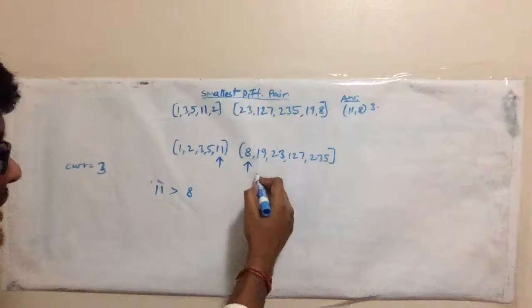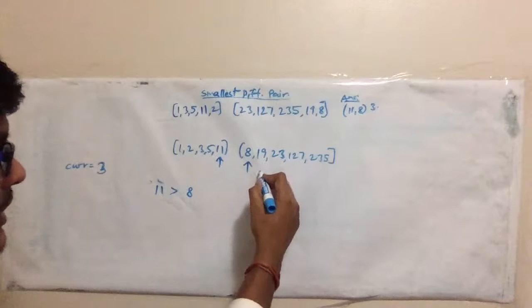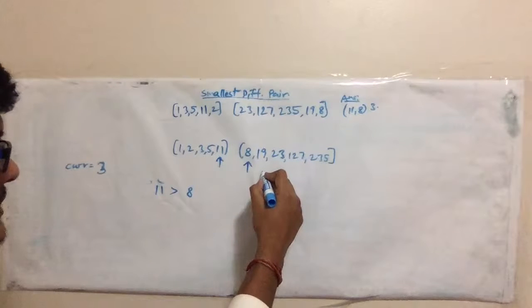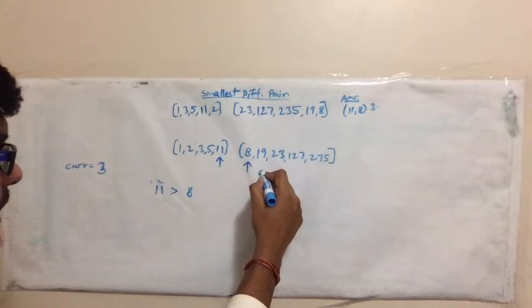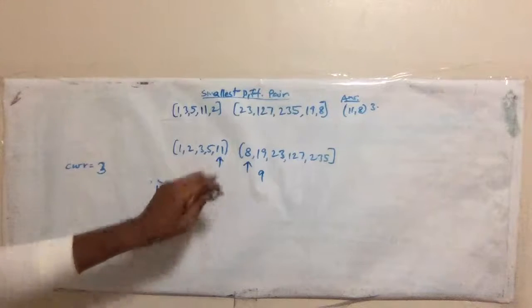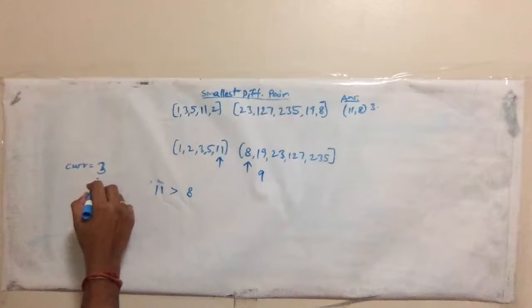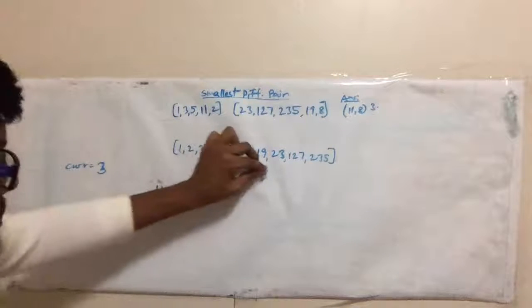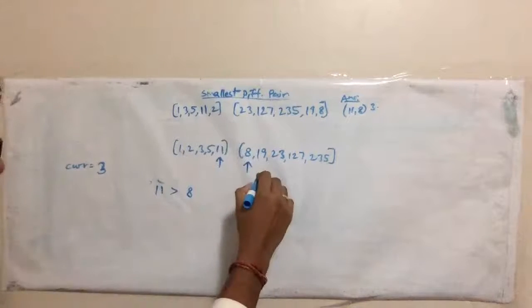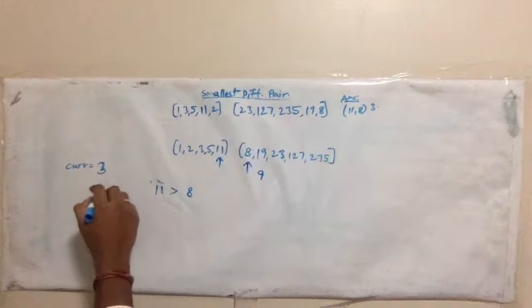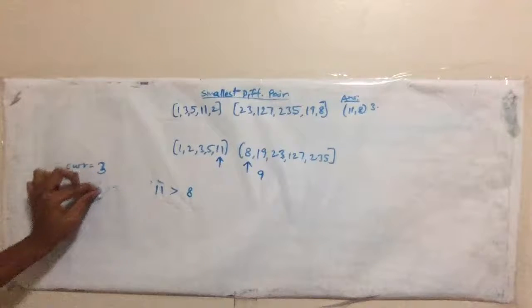Say for example, here in this list 19 is there, but in some case, say 9 is there, so 11 minus 9 would give 2. So that's what I am trying to say.